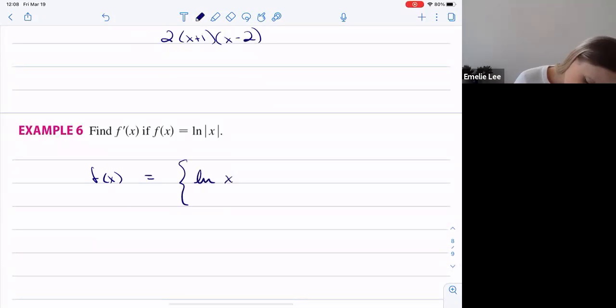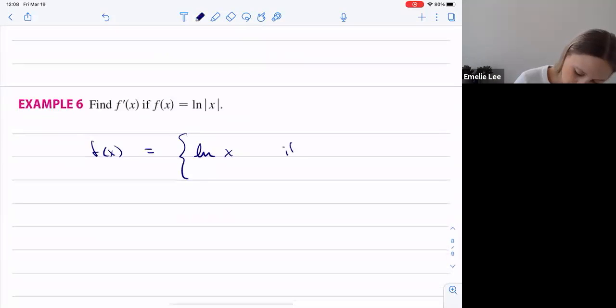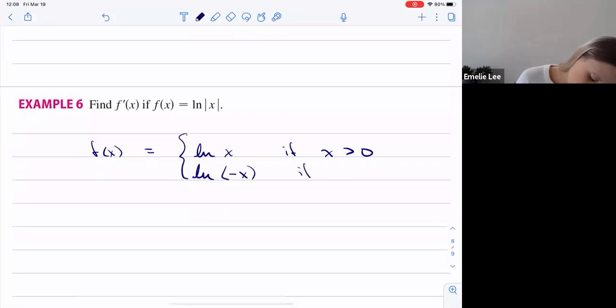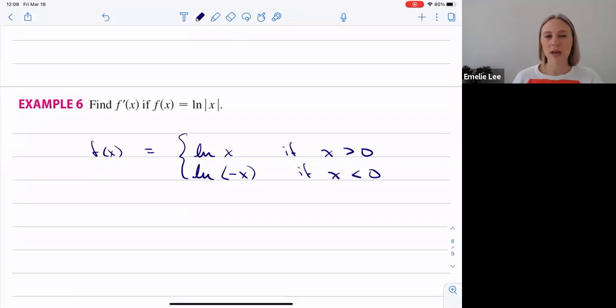It's the natural log of x, plain and simple, if x is greater than 0. It's going to be the natural log of negative x if x is less than 0. That's just because of how the absolute value behaves. We don't just drop the negative. If it's negative, we take the negative of that negative, and that makes it positive.